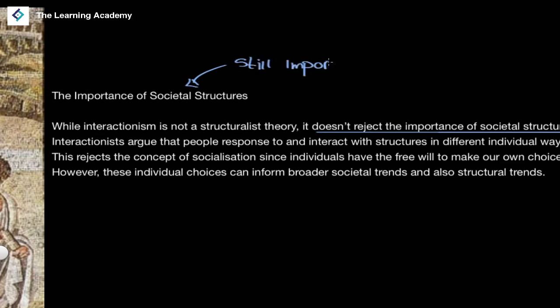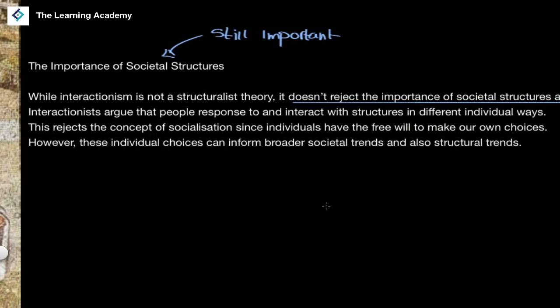It does still recognize that societal structures are still important when explaining sociology. They're still important because interactionists argue that people respond to and interact with the structures in very different but also individual ways. And this therefore rejects the concept of socialization, since individuals have the free will to make their own choices.